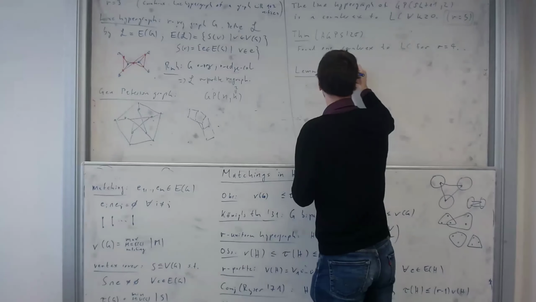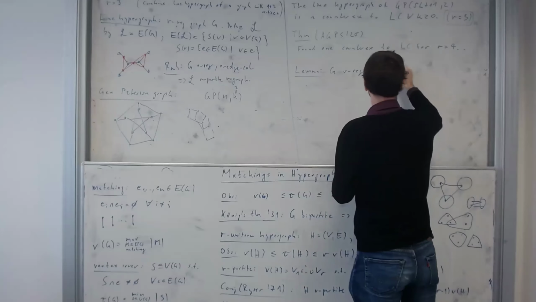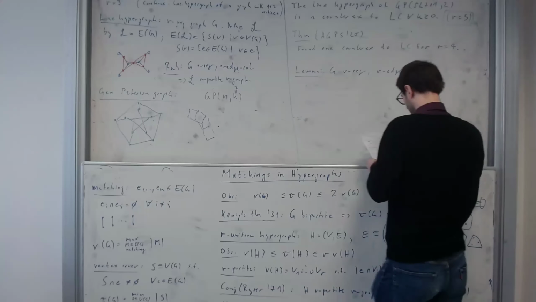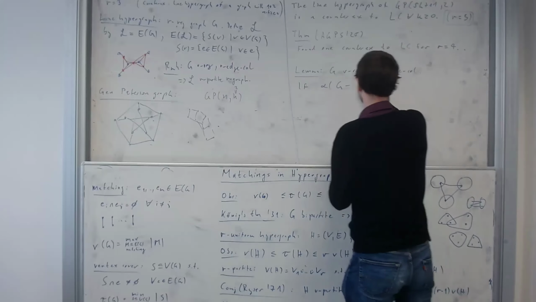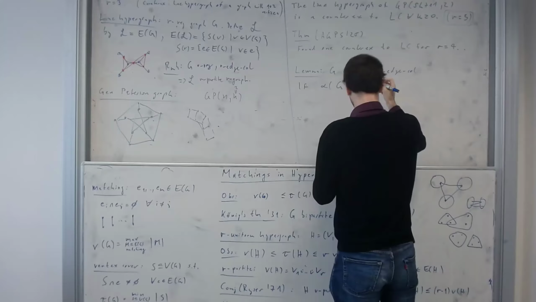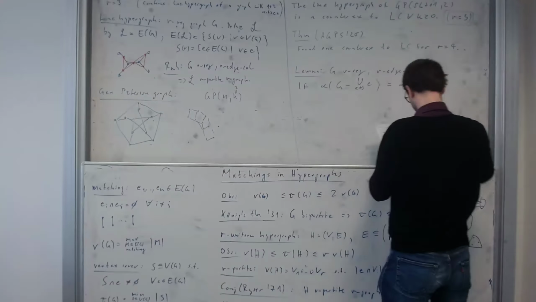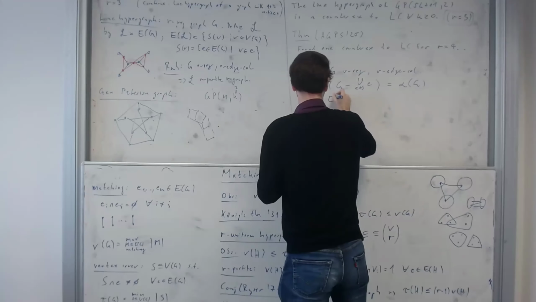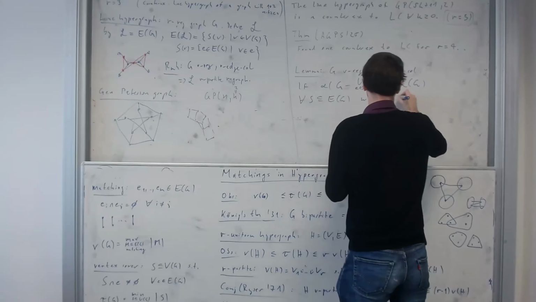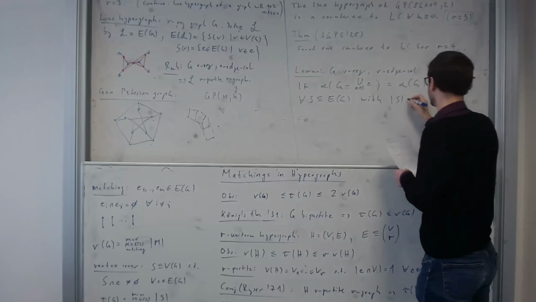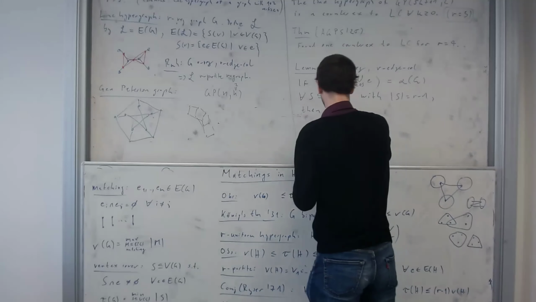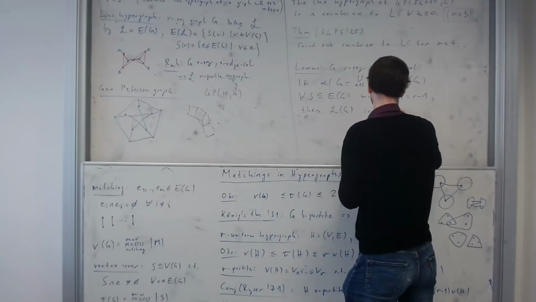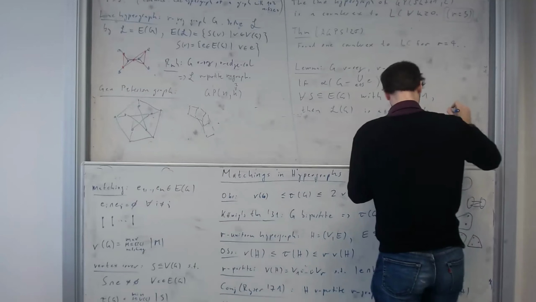If G is r regular and r edge colorable, and the independence number of G stays the same if you remove all the vertices from some collection of edges, so this stays the same for all subsets of G where the number of edges we look at is r minus 1, then the line hypergraph of G is a counterexample to the Lovász conjecture.